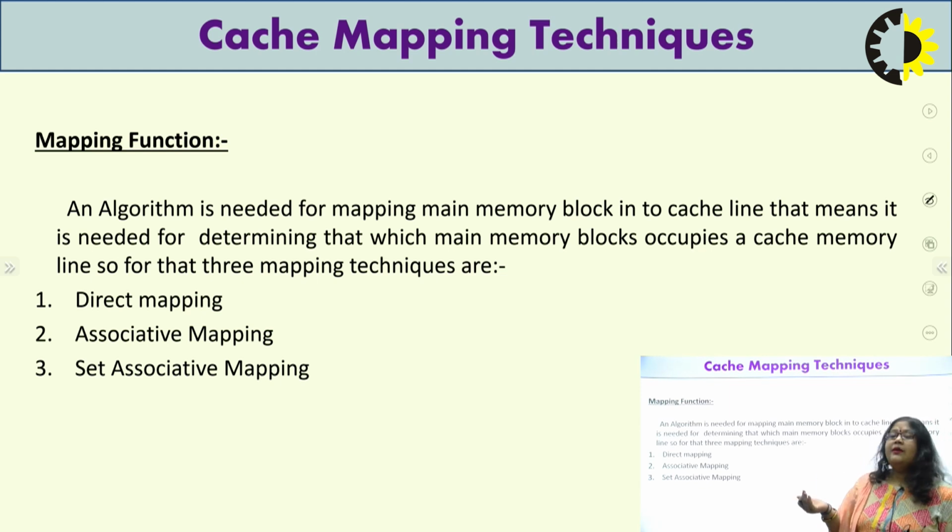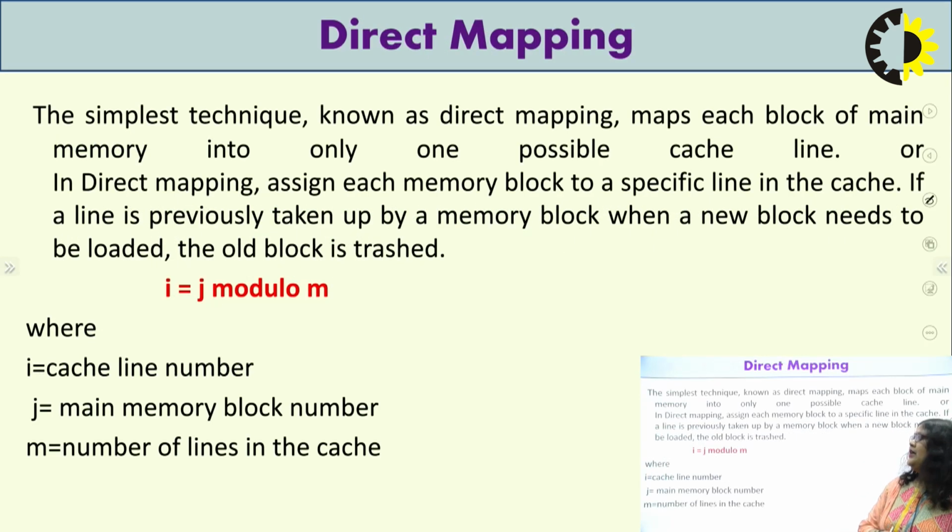An algorithm is needed for mapping a main memory block to a cache line, to decide which block of main memory transfers to which cache line. That is defined by the mapping function. There are 3 types of mapping functions: first is direct mapping, second is associative mapping, third is set associative mapping.